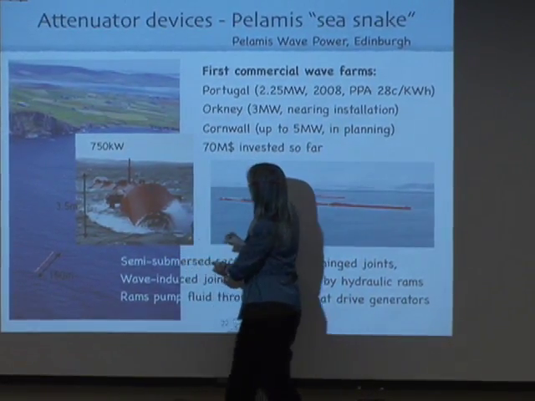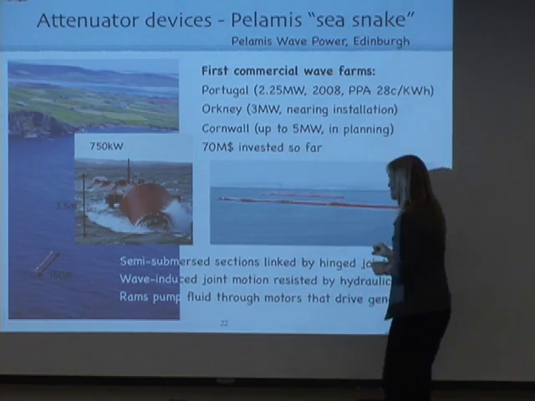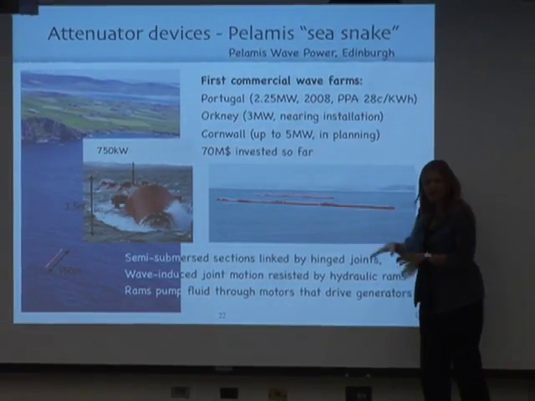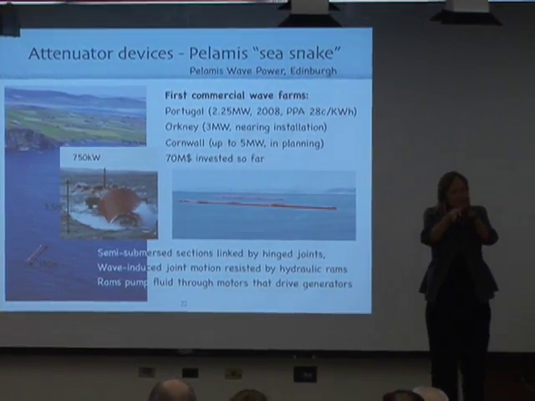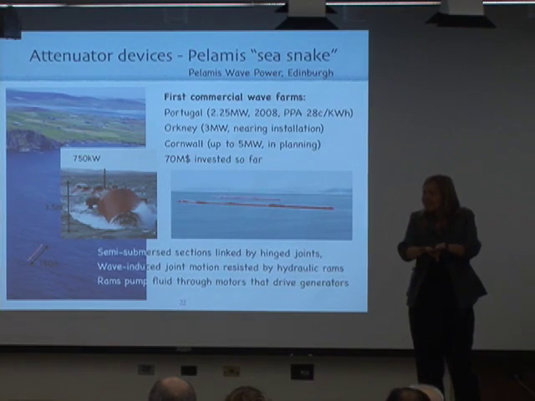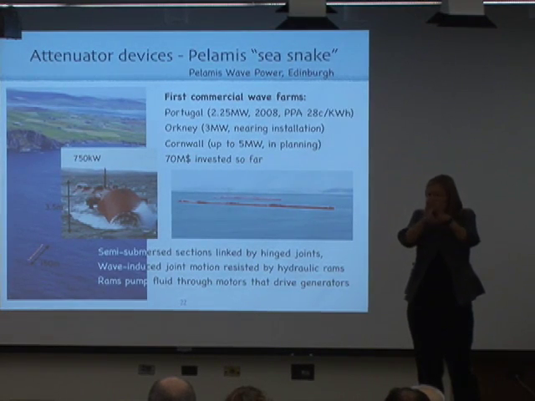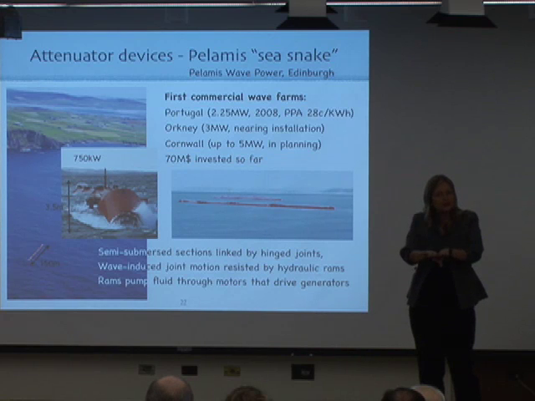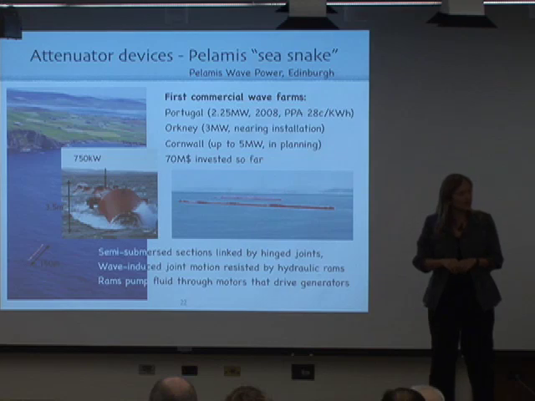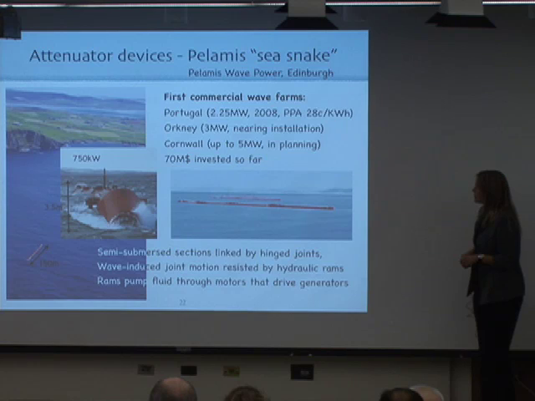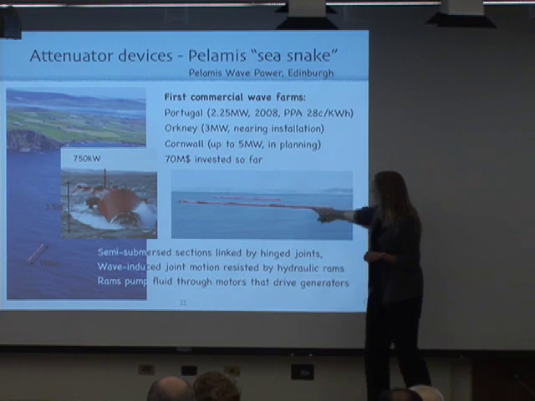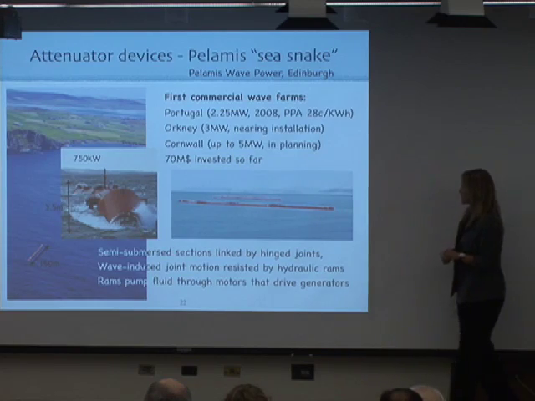Several sections, and in between the sections are joints, and the waves push these joints up and down. And in the joints there's hydraulics. As it is being pushed up and down, fluid is going through a hydraulic motor, and that drives the generator. So one of them gives about 750 kilowatts.